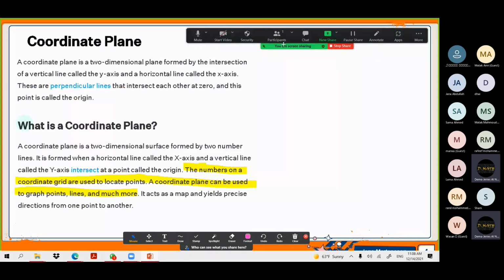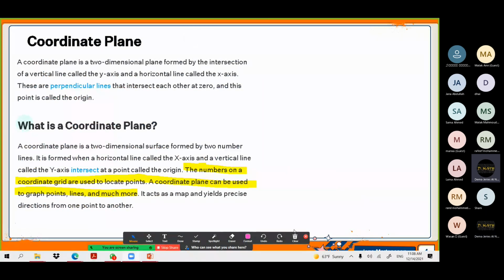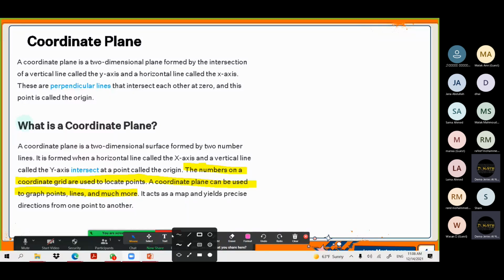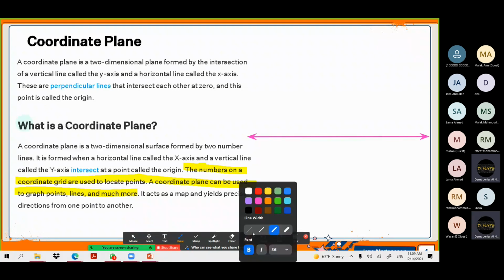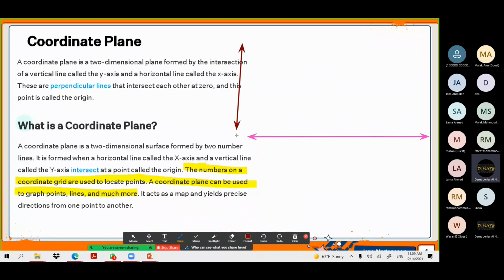Now, all of you know that in the first lessons, we talked about the vertical number line and the horizontal number line. We said that this is a horizontal number line and this is a vertical number line. And we divided them into numbers and we represent the integers or the rational numbers on them.